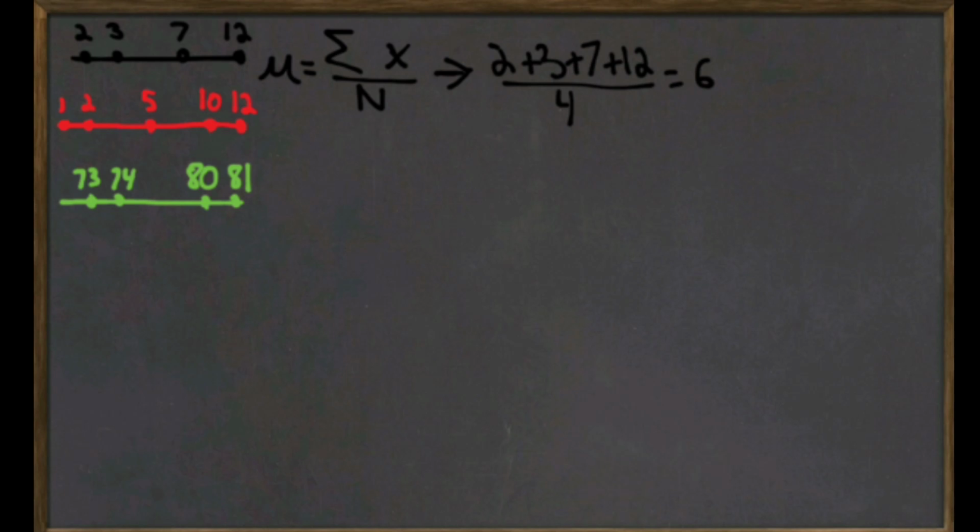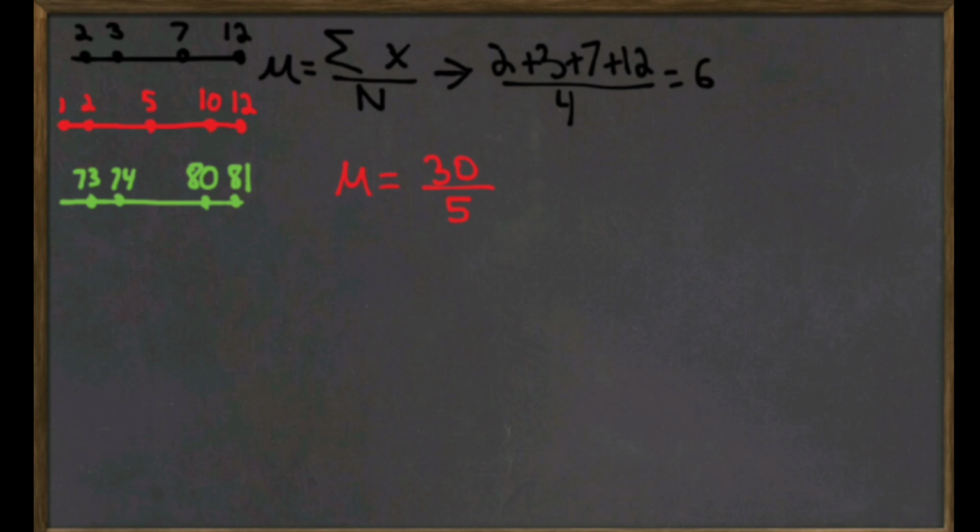And we can quickly do that same thing for red and for green, right? And this is going to give us a way to talk about the middle of our data. I'm just going to do red first. So the red mean here is, so that's going to be 1, 3, 5, so that's 8, 20. You can double check my math here, but that should be 30. Now this time it's divided by 5, right?